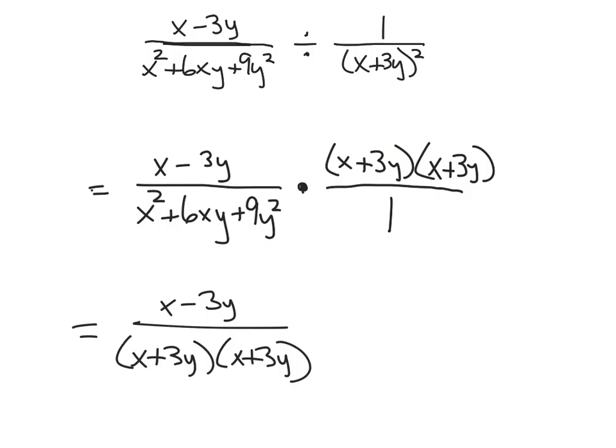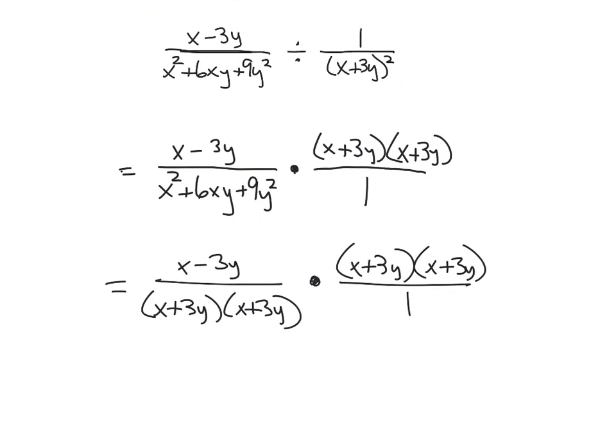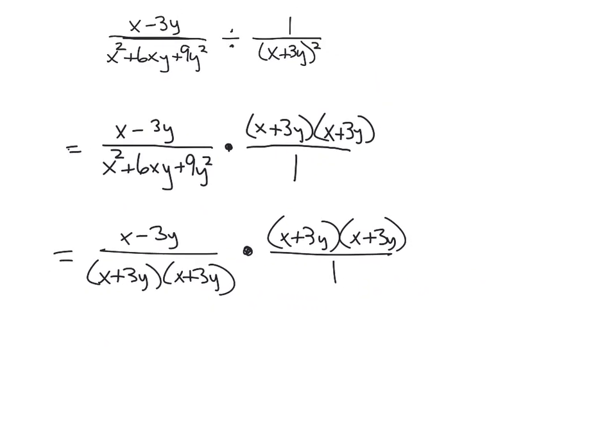Do you understand how we go from here to here? And then this times sign stays the same, and the second fraction stays the same because I already factored it: x plus 3y times x plus 3y over 1. All right, and so now, boy, what a big old problem.